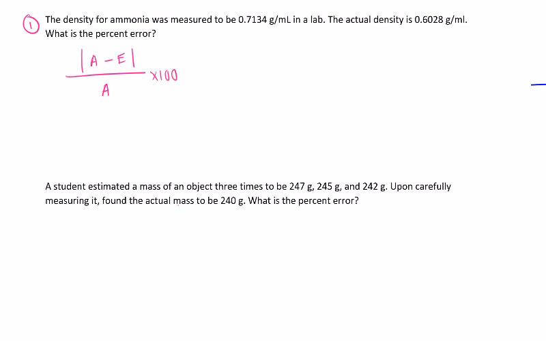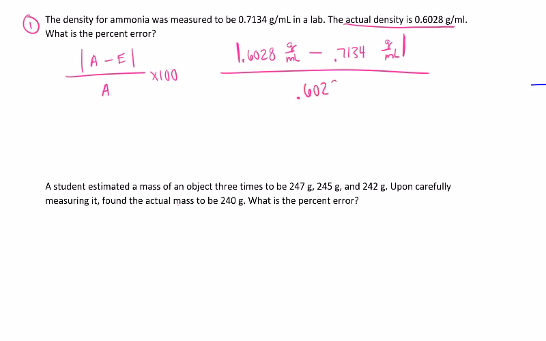So actual density, there's our A, 0.6028 grams per milliliter. Our experimental, 0.7134 grams per milliliter. That's all in absolute value brackets, all over 0.6028 grams per milliliter.